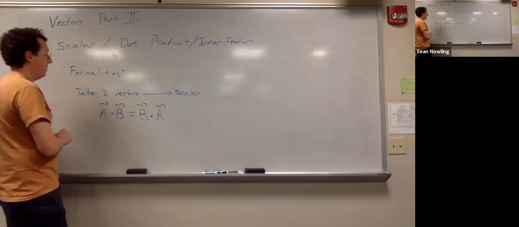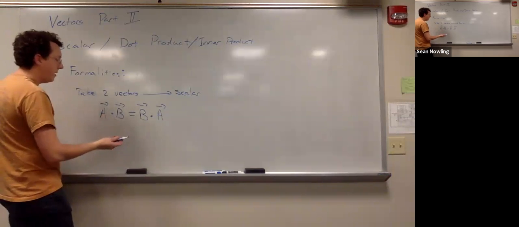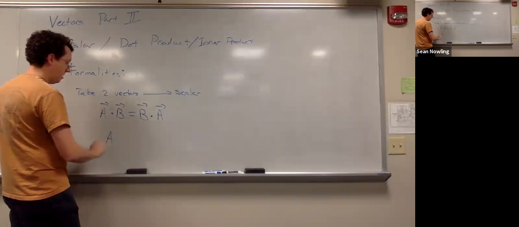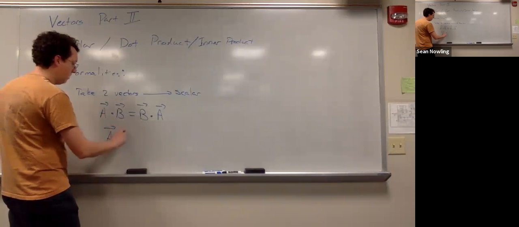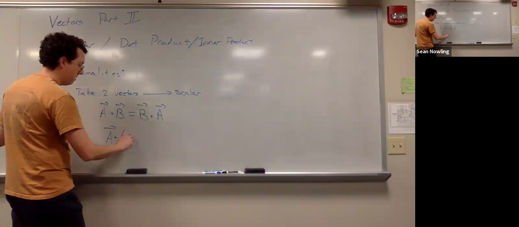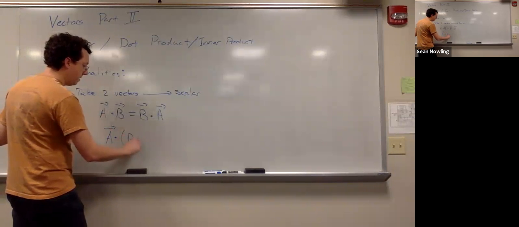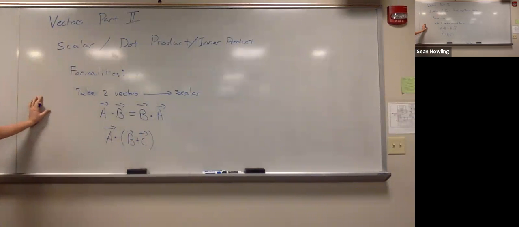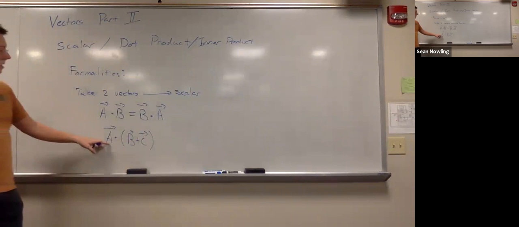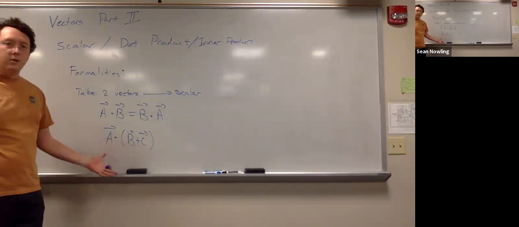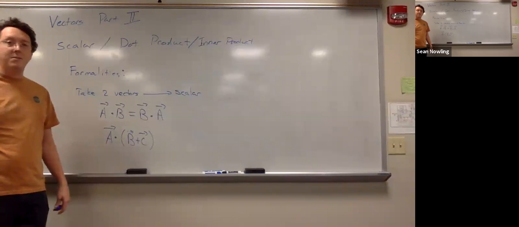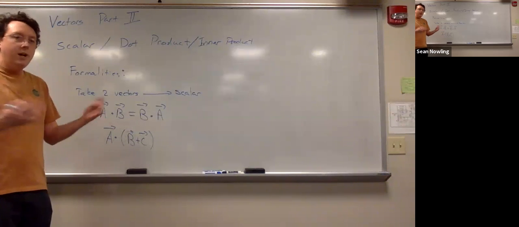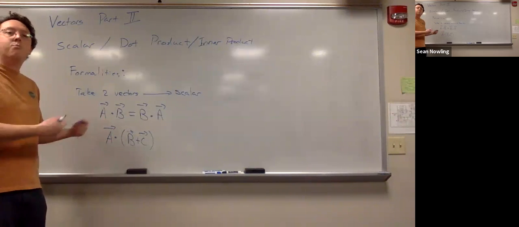The other property that we have is that if I have three vectors and I do the dot product of A dotted with the sum of B plus C, then the dot product just distributes the way you think it should. Now, you might be saying, well, duh. But remember, I haven't even told you how to actually do this. I'm just saying, whatever this thing is, it has this property.